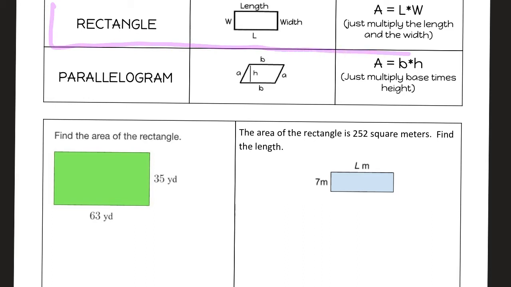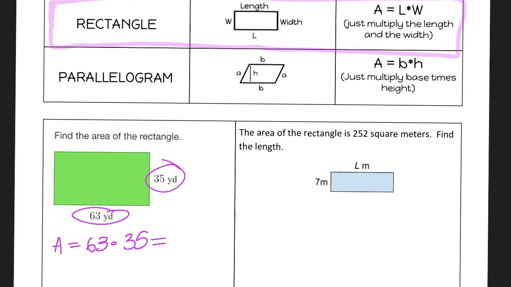So here I have my formulas. Okay, so the area of the rectangle is my length, 63, times my width, 35. You can use a calculator if you want.